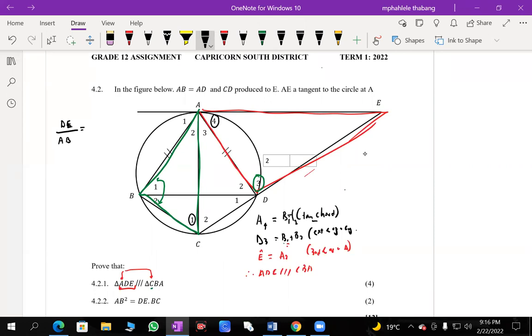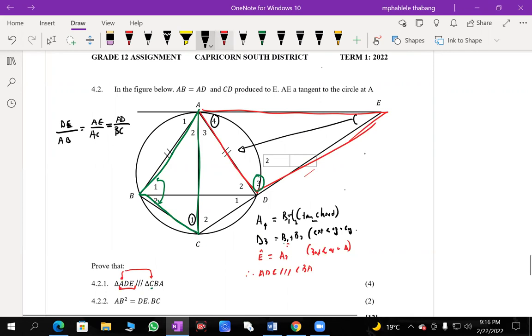AE. Good, AE over. Which side is opposite to angle B, which was made of B1 and B2? AC. Equals to, you go for the remaining angle, which is E. The side opposite to E in the red triangle is AD. So you say AD over, obviously I used AB, I've used AC, so it should be over BC.